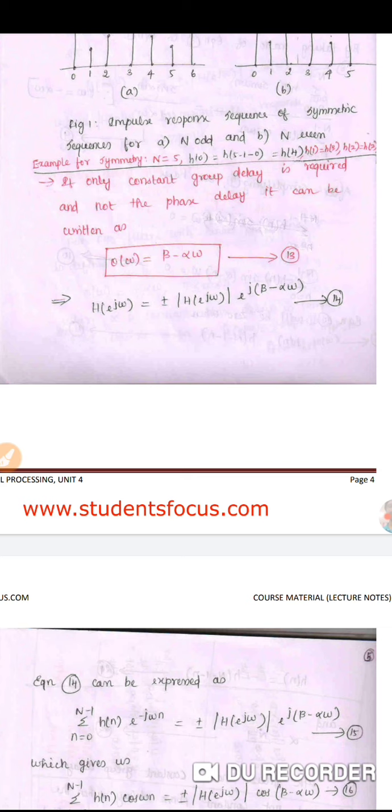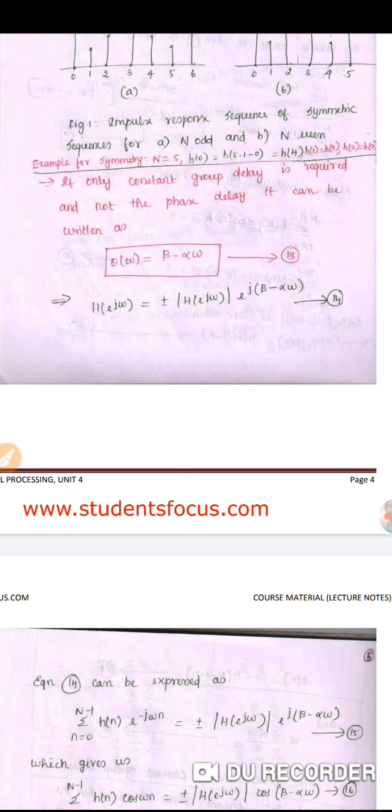Whereas group delay is the differentiation of d theta of omega by d omega. So if you differentiate this equation, you will get minus alpha. So here the group delay is constant.